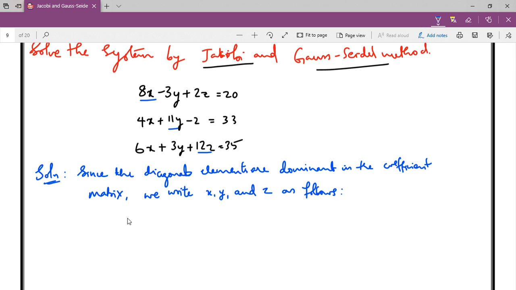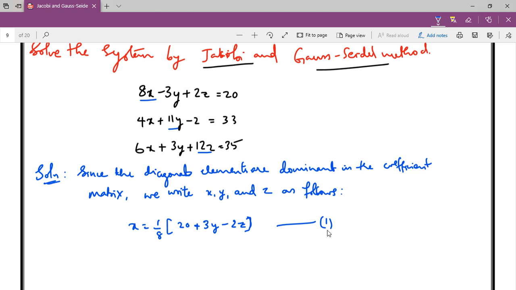So from the first equation let us solve for x. So x is equal to 1 by 8 into 20 plus 3y minus 2z.